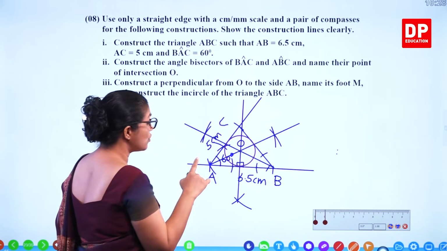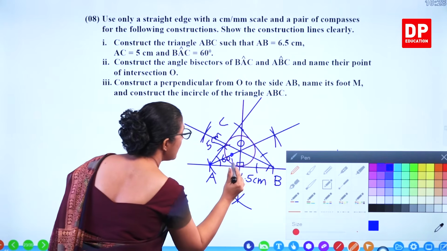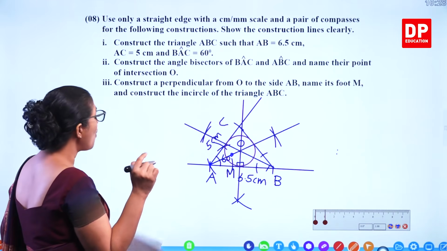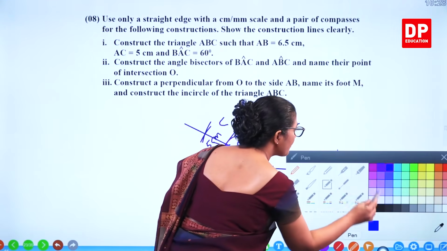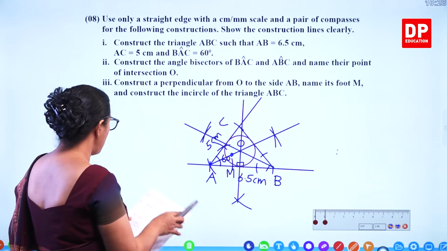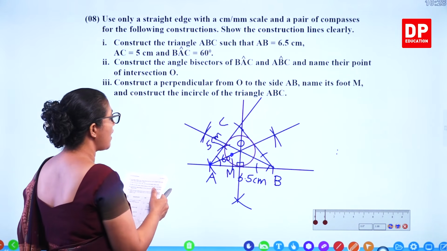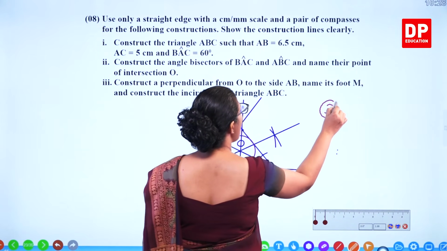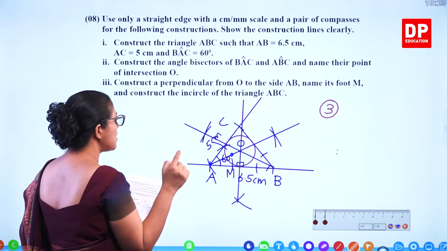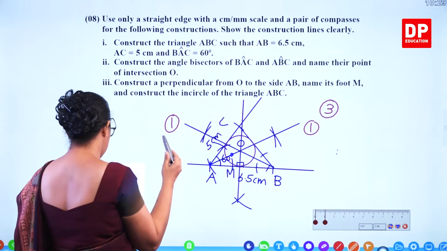So name the foot. Here we forgot that. You have to name the foot of the perpendicular as M. So this is M. So you get marks for that as well. Now we'll see how many marks you get. In this question, you get 3 marks for constructing the triangle ABC, and angle bisectors, 1 each. 1 mark for this one and 1 mark for this.